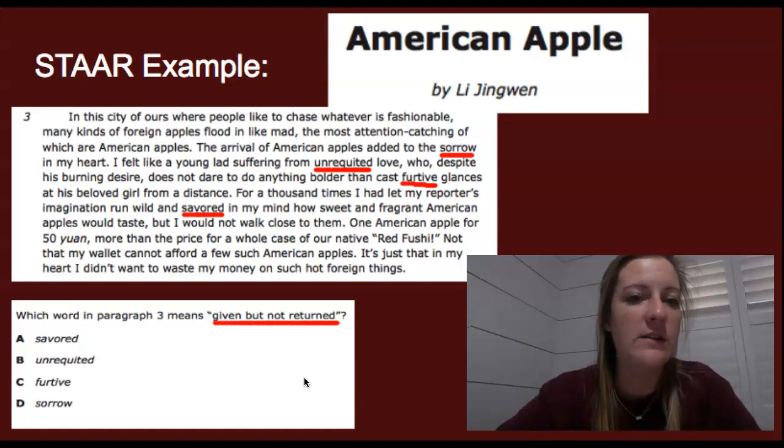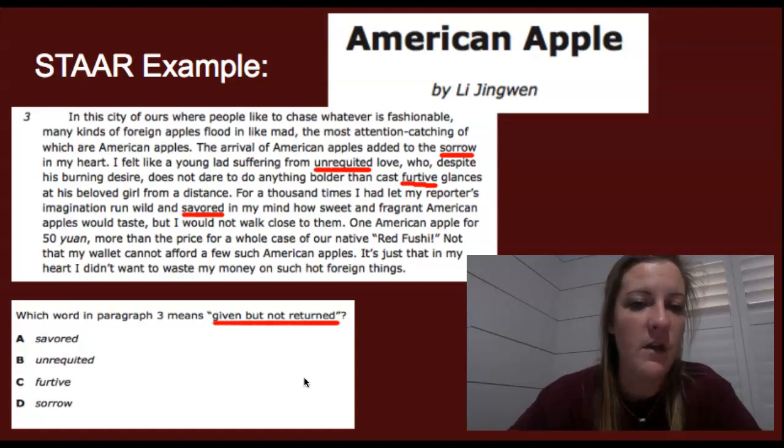I felt like a young lad suffering from unrequited love, who, despite his burning desire, does not dare to do anything bolder than cast furtive glances at his beloved girl from a distance. For 1,000 times I had let my reporter's imagination run wild, and savored in my mind how sweet and fragrant American apples would taste, but I would not walk close to them. And just for time's sake, I'll stop reading there since we've gotten to all of our words.